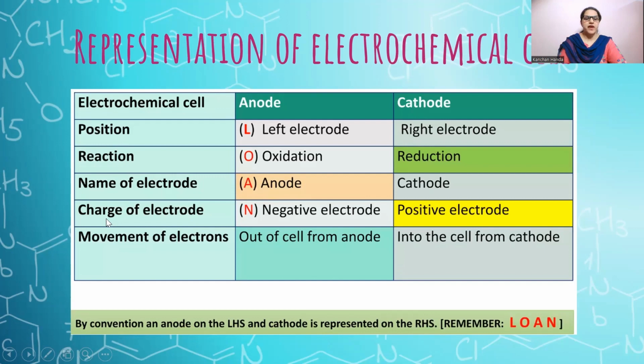The charge of anode is negative, but the charge of cathode is positive. The movement of electrons is out of the cell from anode and into the cell from cathode. So these descriptions give rise to an easy mnemonic, that is LOAN for anode, and RRCP for cathode.